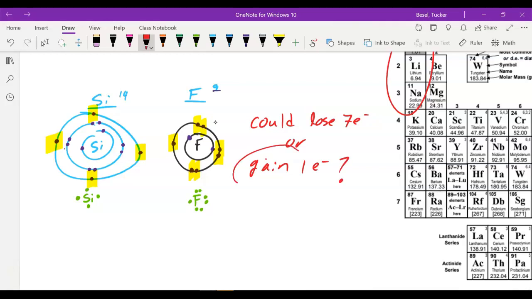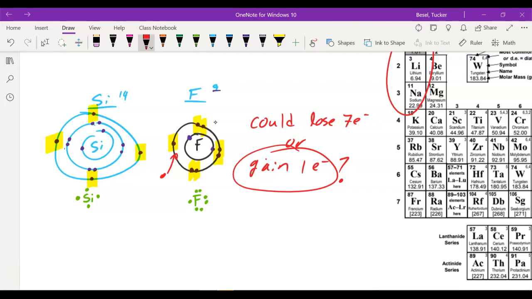In this case, it's going to gain 1 electron because that's a lot easier. It's going to take a lot more energy, a lot more work to get rid of these 7 electrons than to just have 1 more come in to give that full 8. Whenever you're doing this, you're basically just going to look at which number is smaller. That's going to be easier.